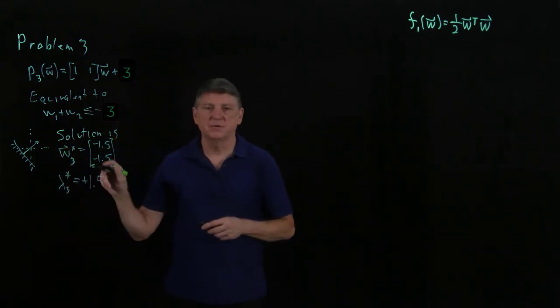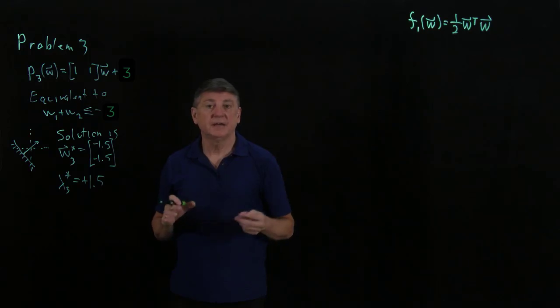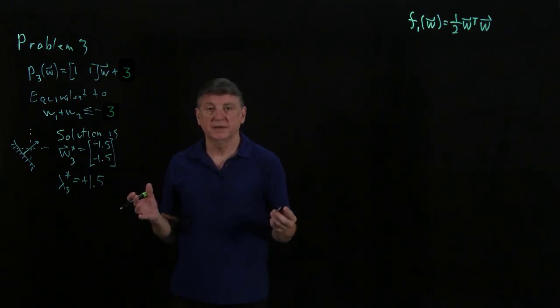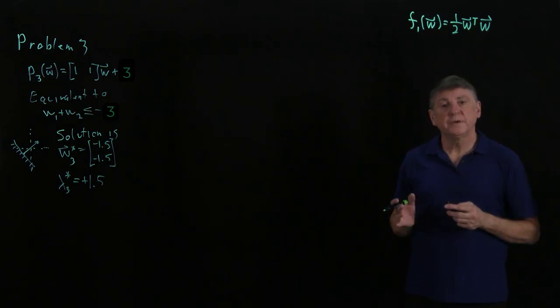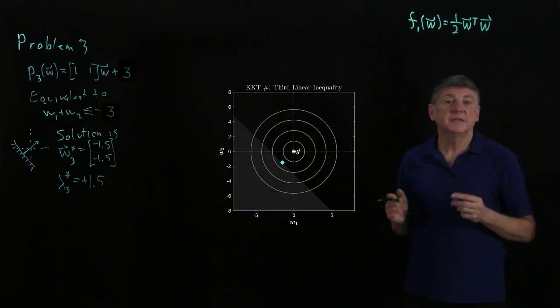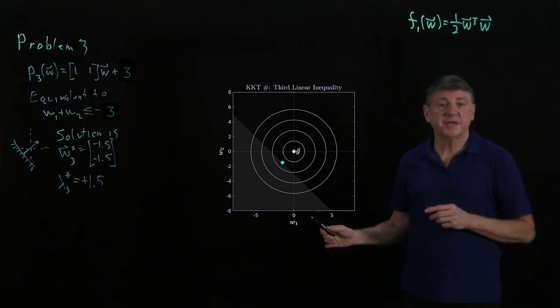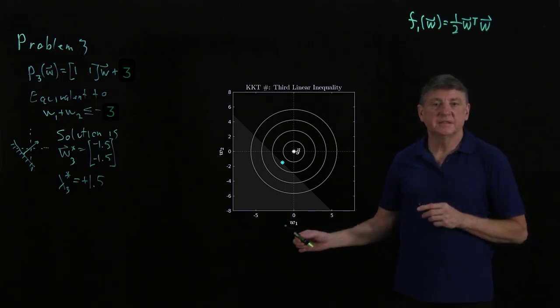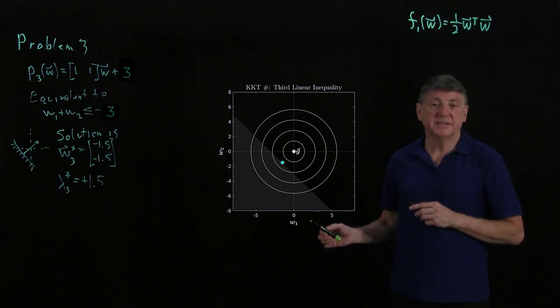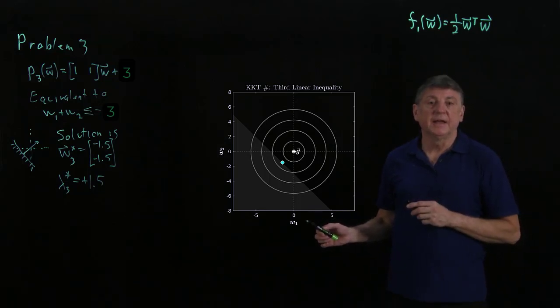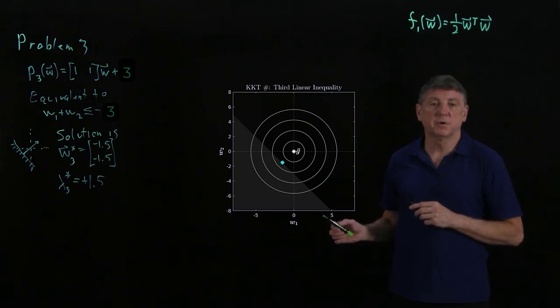Let's take our little hand drawing and look at it illustrated by a computation. When we compute this in MATLAB, this is what we see: this shaded region is the feasible set, and if a point was an interior point of that feasible set, it wouldn't have a vector norm as small as a point on the boundary.